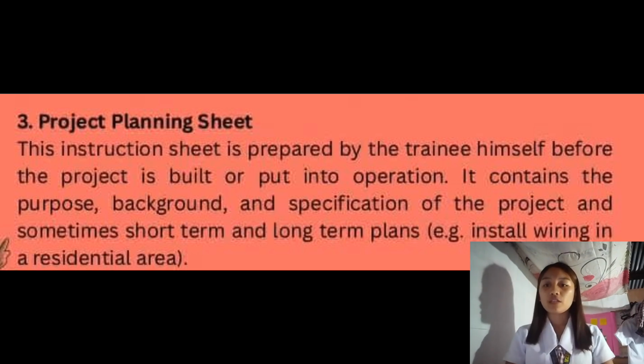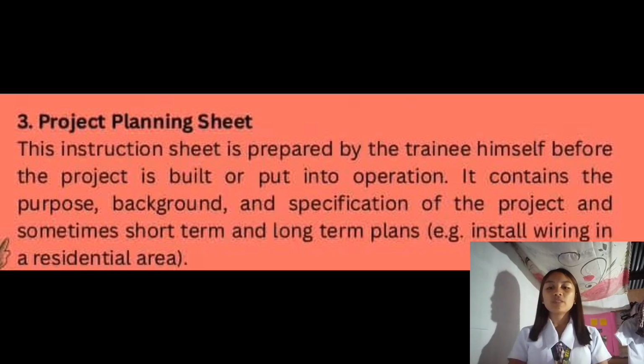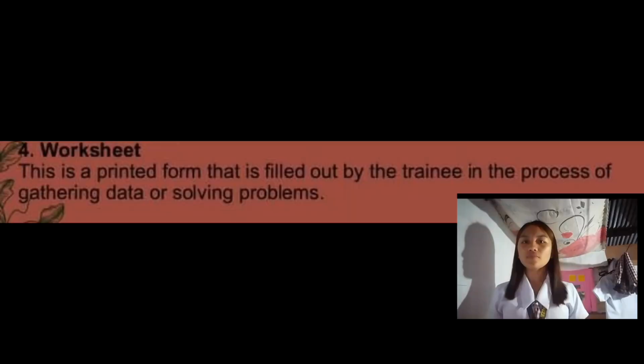So it contains the purpose of the project, background and idea, specification and requirements, and short-term and long-term plans. So it helps trainees organize their project clearly before beginning work.